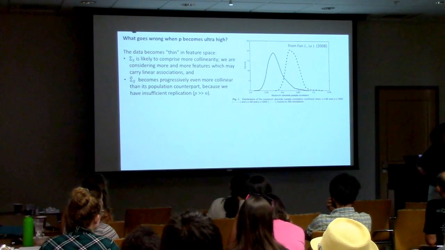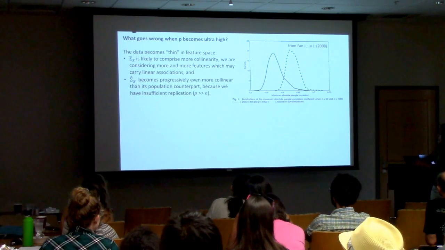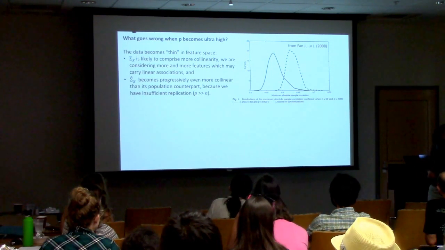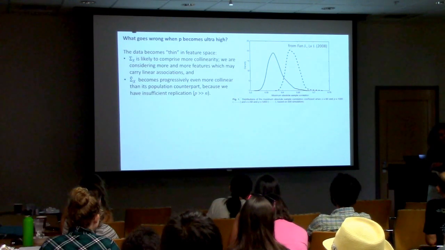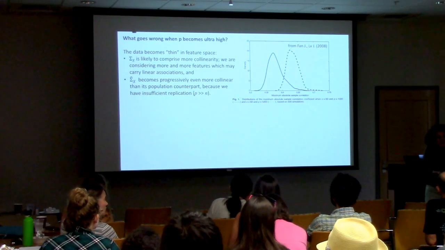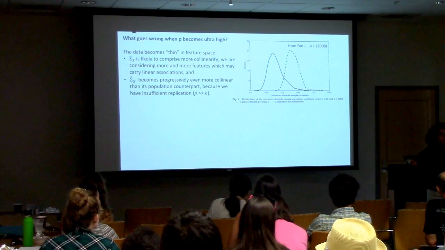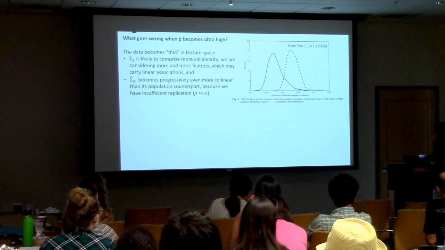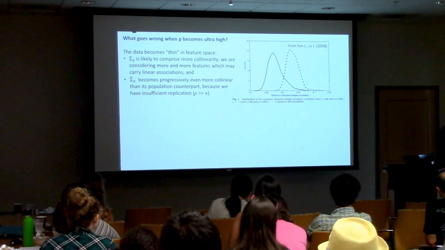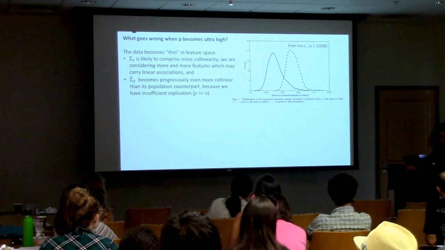You're putting in more stuff. Unfortunately, the other thing that happens is that the one with the hat becomes a lot more collinear than that, simply because you're not observing enough. Okay? It's singular. If p is larger than n, it's for sure singular, and progressively more singular. The data is thin in feature space, thinner and thinner and thinner.